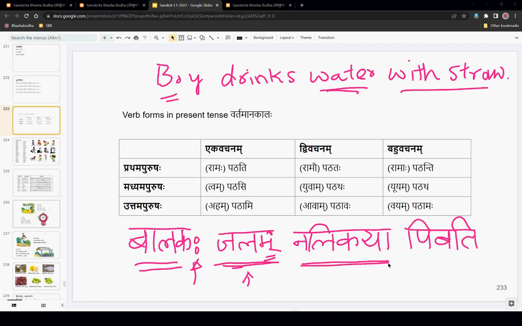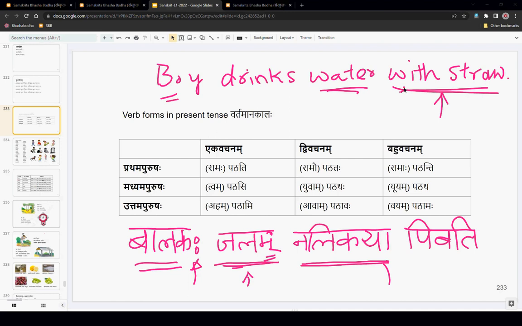Similarly here, it is more evident, because nalika is the base word, and we are adding the ya here, nalikaya, and that becomes with straw. So in English there are two words to indicate nalikaya, but in Sanskritam there is only one word.